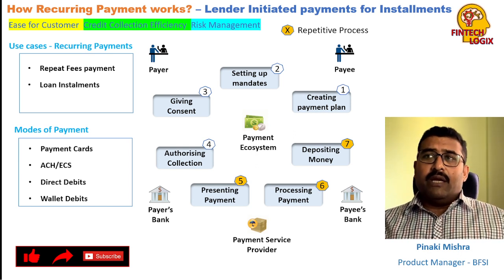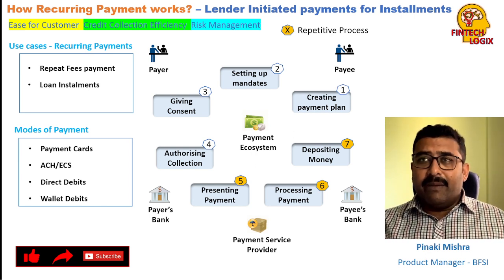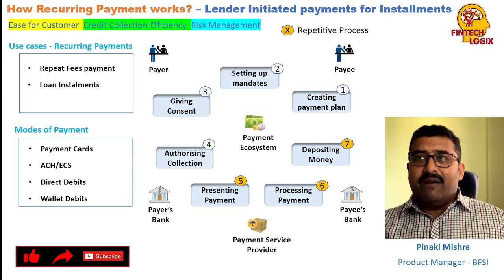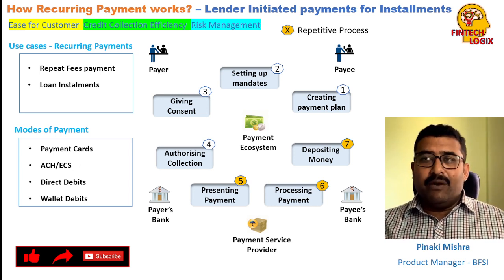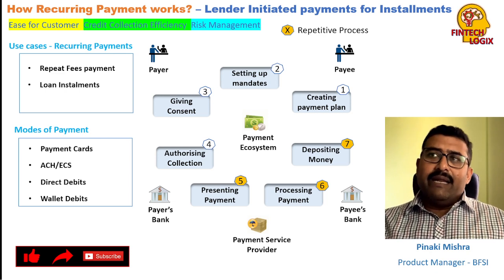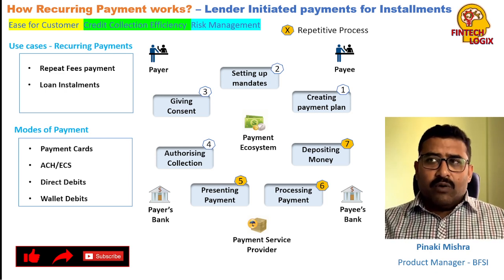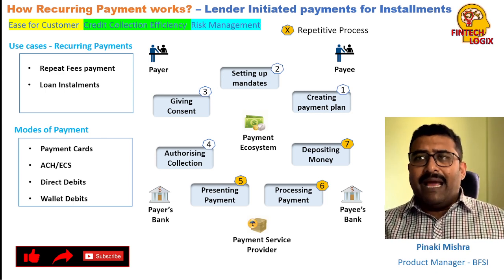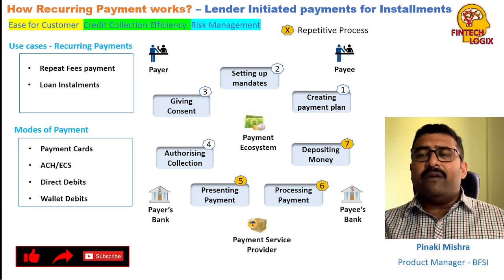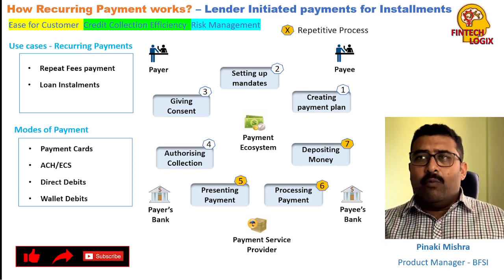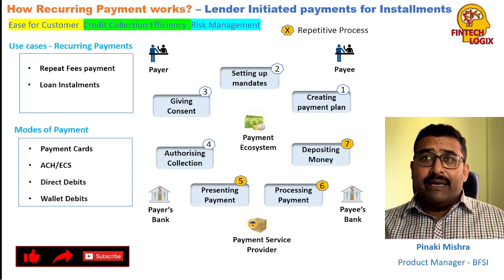If you're not sure about the amortization table, we can create a separate video on that. Please let me know in the comment section if you need details on the amortization table. In short, your plan would say in what frequencies and what amount has to be taken from your borrower at regular intervals.